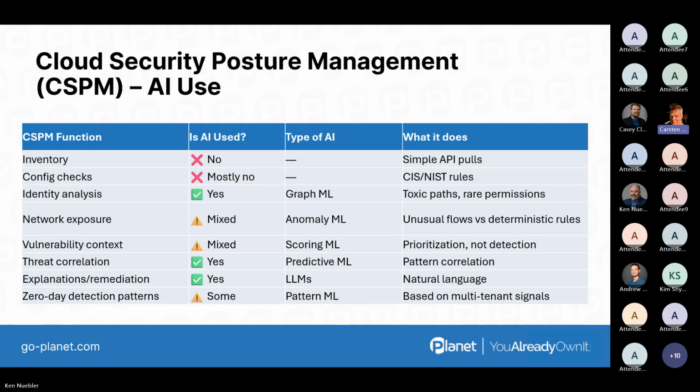The last one I'm going to mention here is the zero-day detection patterns. Again, pattern machine learning, and again, it's based on Graph. It's based on signals.